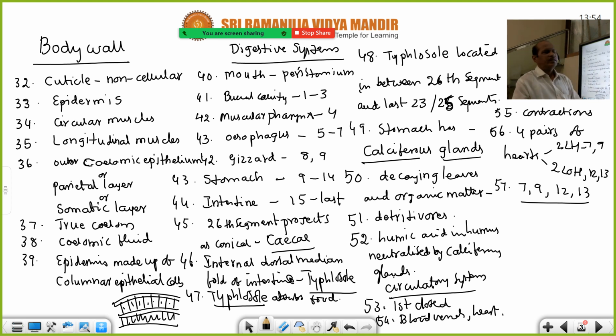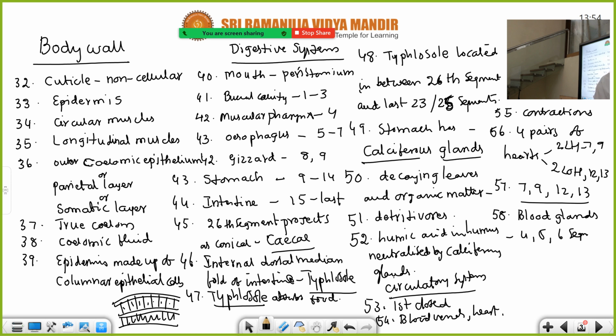Remember 7, 9, first 2 pairs of lateral hearts, 12, 13, last 2 pairs of lateroesophageal hearts are present. This is most important. Blood glands are located in 4, 5, 6 segments.